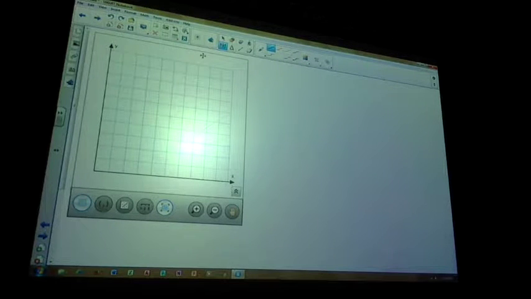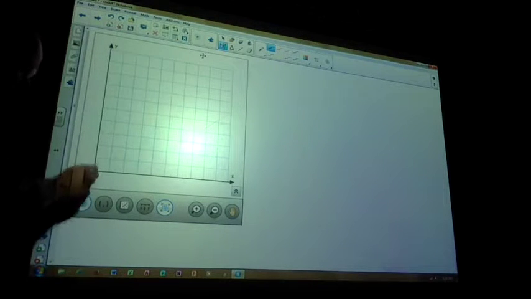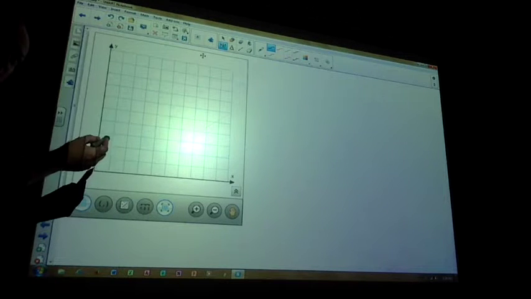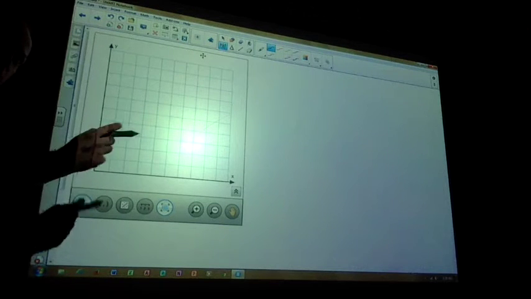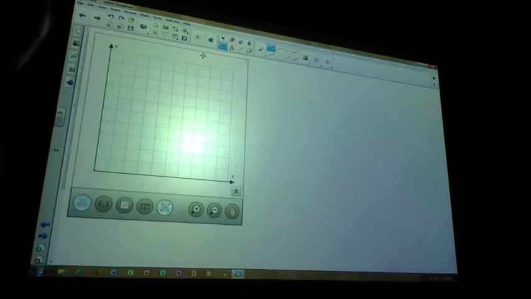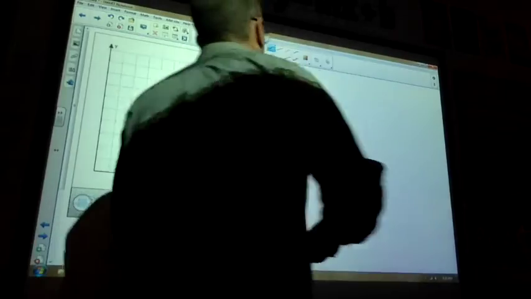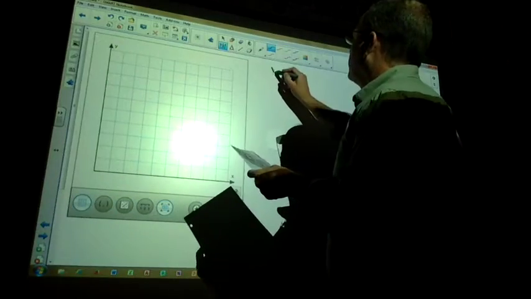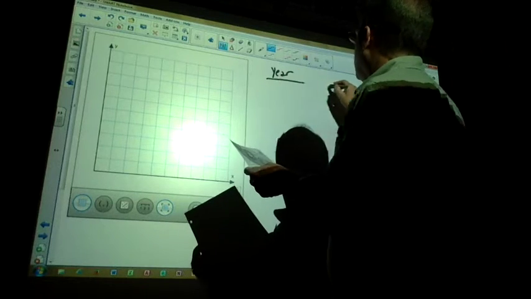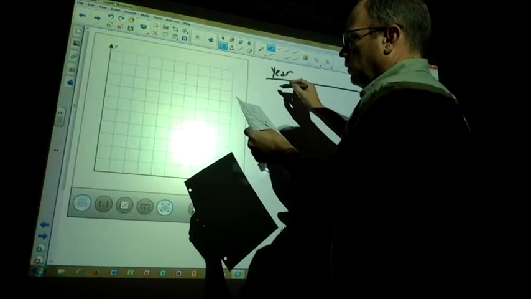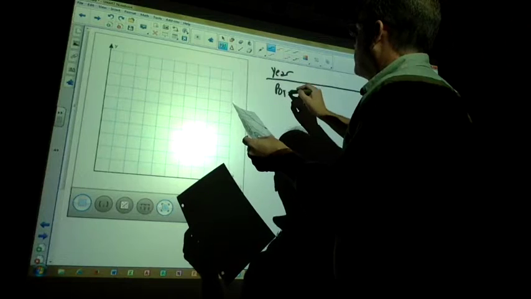So should I start here being 0? And if I do, what does 0 represent on our table? You can start on 0, but you would have to count by tens.